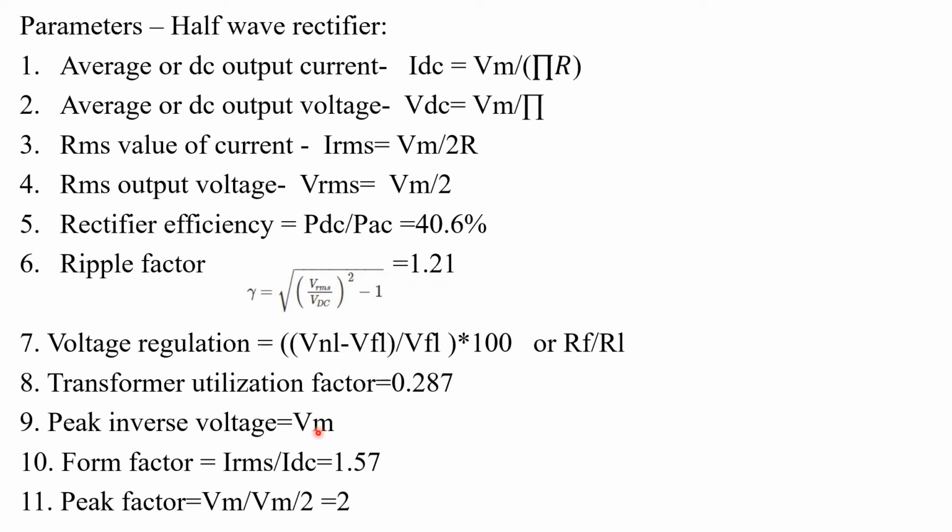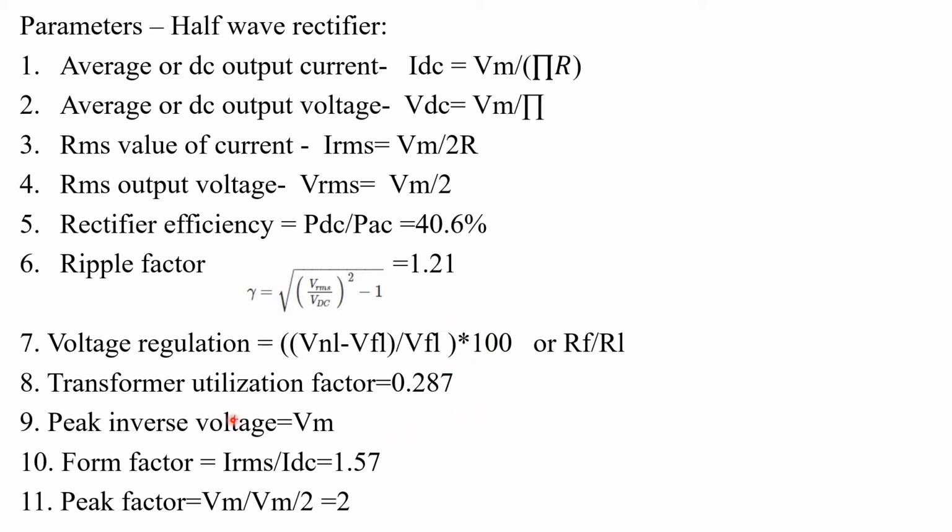The voltage regulation, we can find out by using the relation: voltage at no load minus voltage at full load, divided by full load voltage, into 100, or we can use RF by RL. RF is nothing but the forward resistance, and RL is the load resistance value. So you can use these equations to find out the voltage regulation.